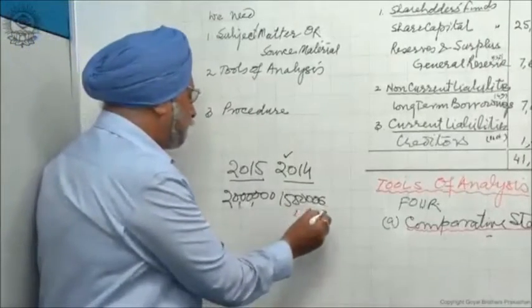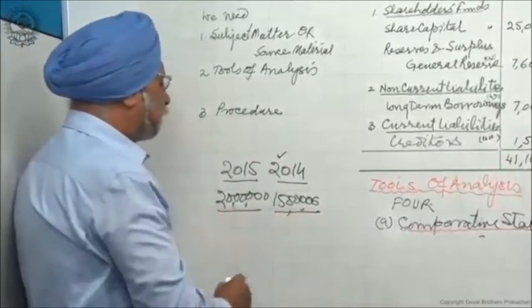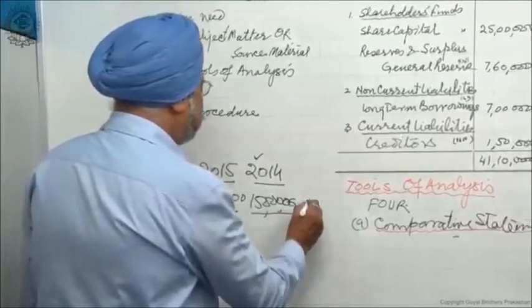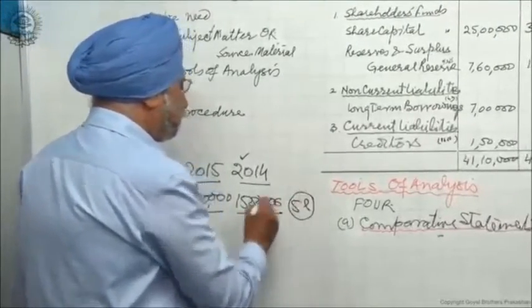So there is an increase in profit by how much amount? 5 lakhs. This is the increase.